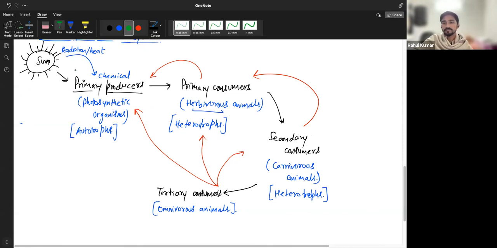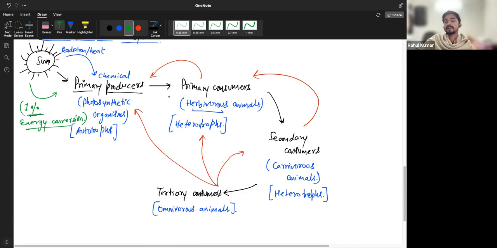So from sun to primary producer there is 1% energy conversion or energy flow. This is the only step where there is a 1% rule.